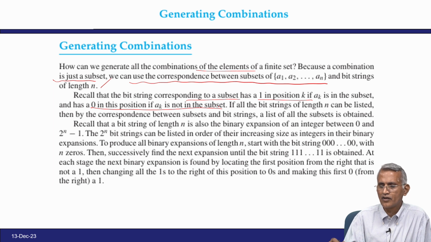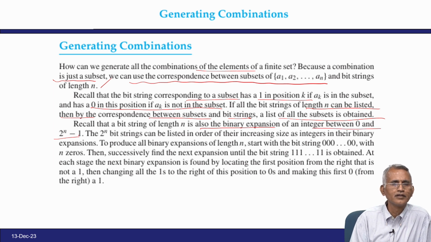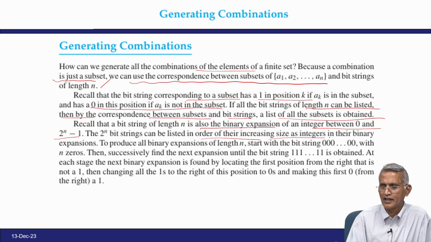If all the bit strings of length n can be listed, then by the correspondence between subsets and bit strings, the list of all the subsets is obtained. And recall that a bit string of length n is also the binary expansion of an integer between 0 and 2 to the power n minus 1. So, the 2 to the power n bit strings can be listed in order of their increasing size as integers in their binary expansion.